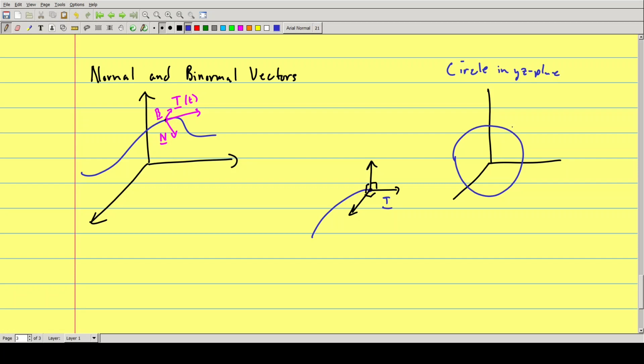The tangent vector, assuming this orientation for the circle, points this way, right? The normal vector is going to be the one that points towards the center of the circle.